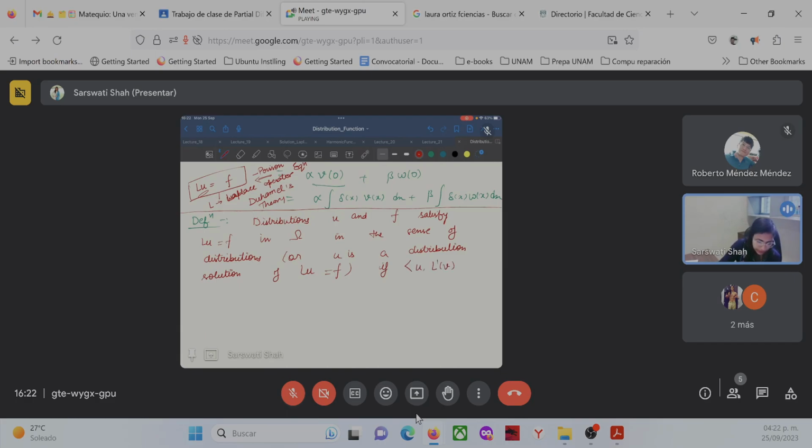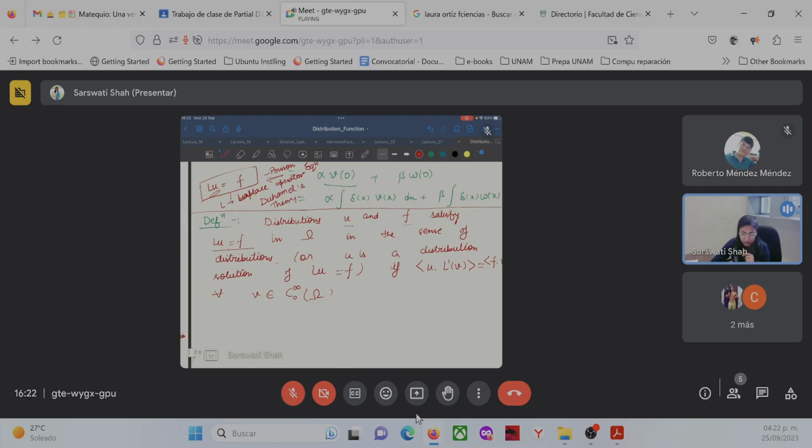L dash V is equal to F comma V for all V belonging to C naught infinity of omega. So this U and F satisfy this linear partial differential equation in omega in the sense of distribution. So U is called the solution of this differential equation if it satisfies this.